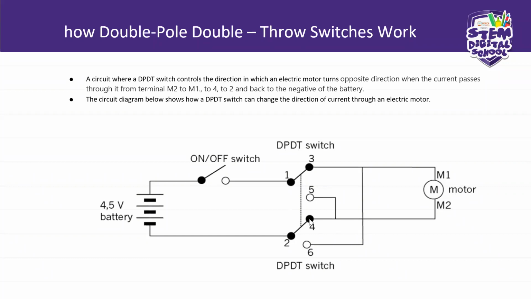And when the pole falls on this throw, this line of current is connected. So it's a double pole, double throw switch.